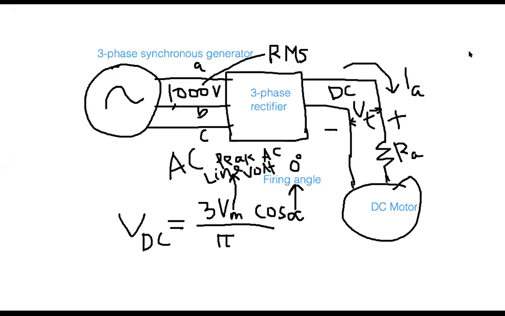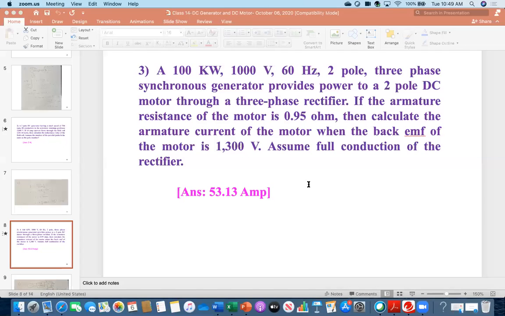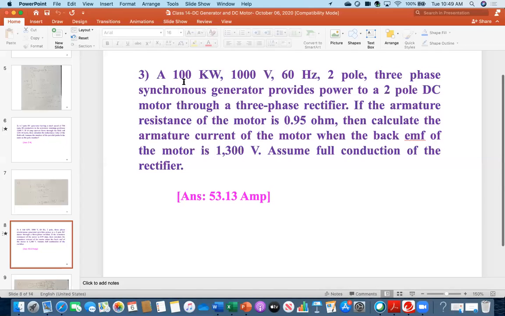I already saved it, so of course you can see this again in the video. Once you have this picture, now you see the statement. Okay, now read the statement, everybody.